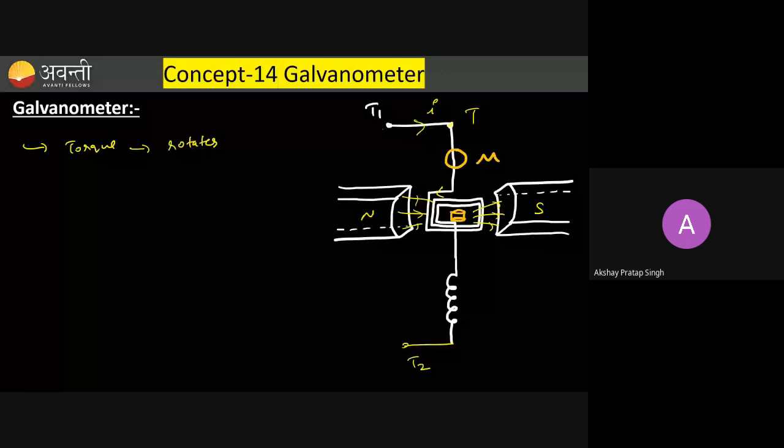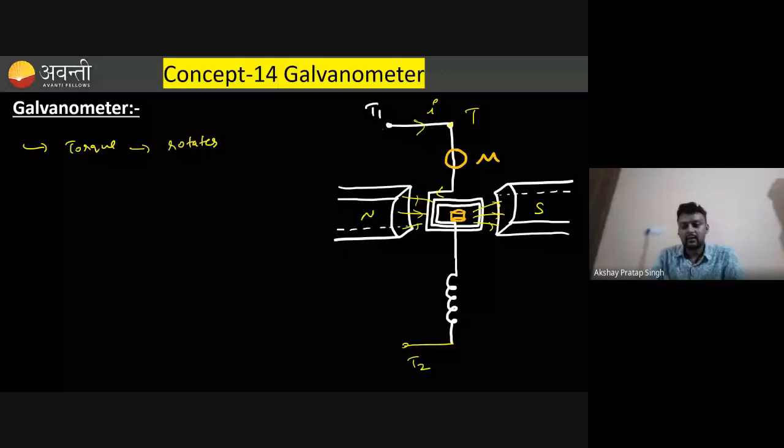Sorry for this interruption, students. What I was saying, when current passes, this coil rotates, and when it rotates, the strip attached to it also rotates, and restoring torque is generated.